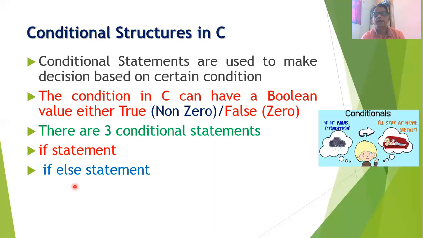That is, you can attach one else part to this if statement, and this becomes an if else statement. And there is another statement used in C programming language, called a multipath statement, and its name is the switch statement. So in this session, we will understand the syntax associated with if, if else, and switch.